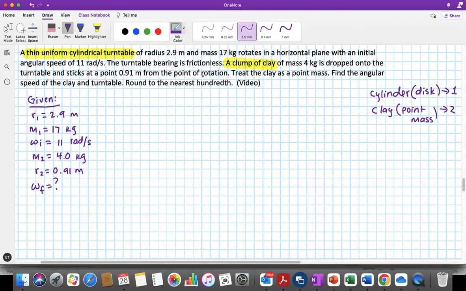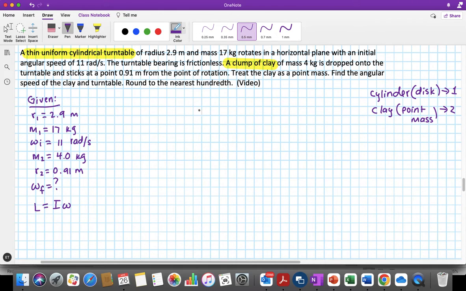And then we have the combination of the angular momenta of the cylinder plus the clay. And in case you forgot what angular momentum is, we use the letter L, and the general formula is I omega, where I is the moment of inertia.